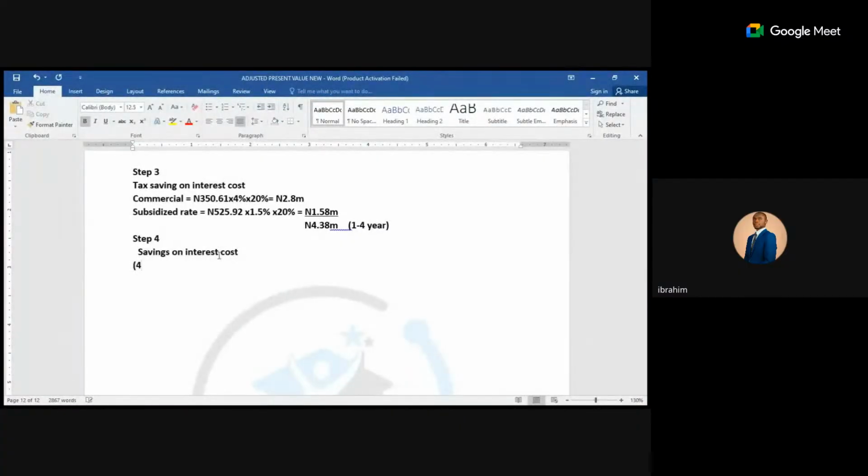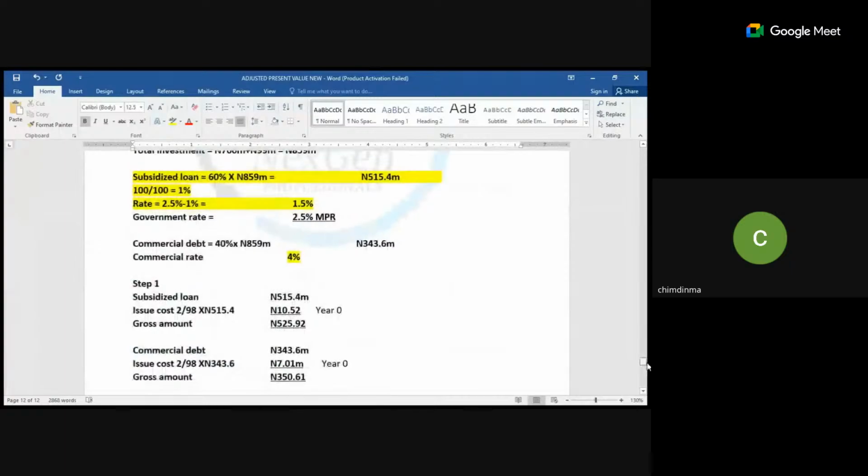So we have 4% minus 1.5%, right, class? 1.5% times what? The gross amount? Is this supposed to be gross amounts? No, sir. It's the 515.4.